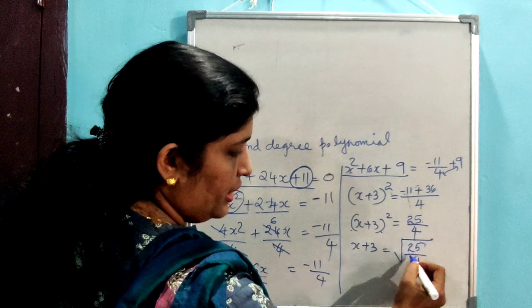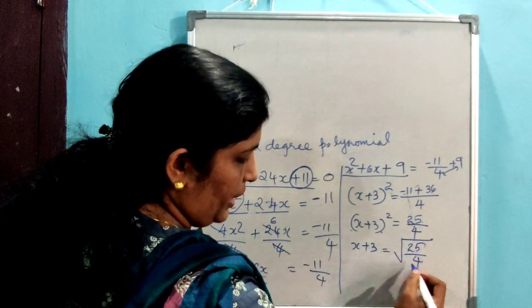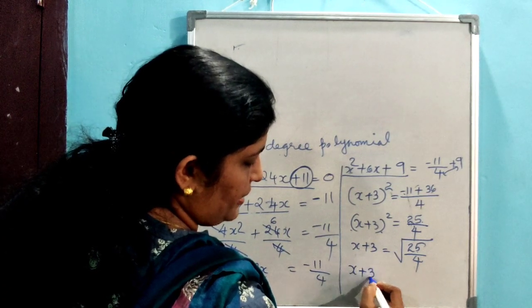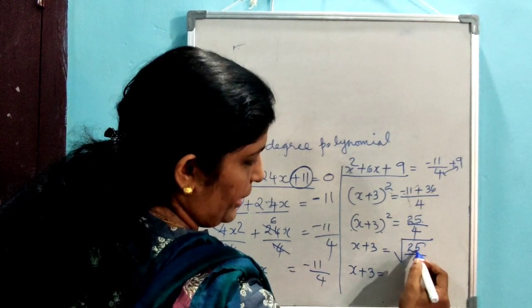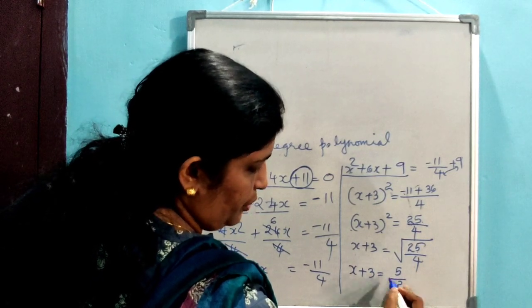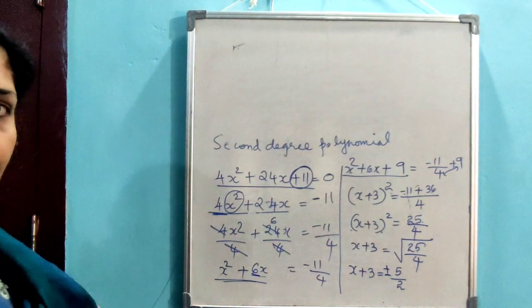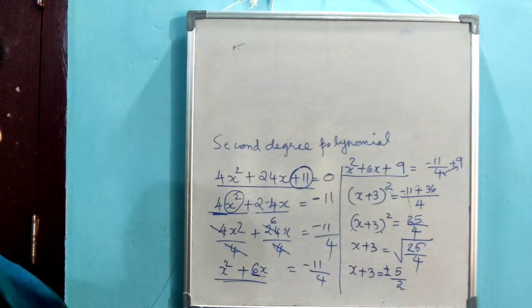The square root of a fraction is the square root of the numerator by the square root of the denominator. So x plus 3 is equal to square root of 25, which is 5, and square root of 4, which is 2. So the values are plus or minus 5 by 2.